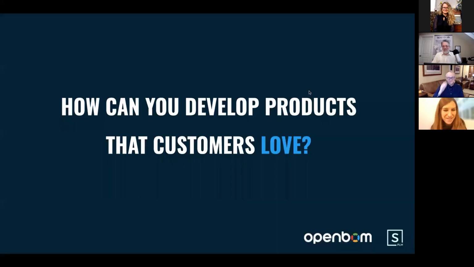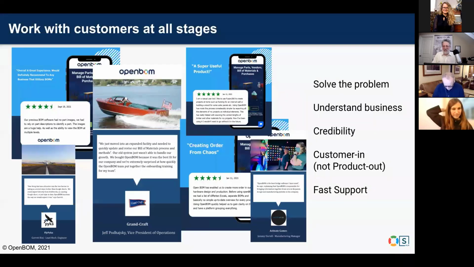Sure. How can you develop products that customers love? Wow, I think that's a key question, and I will need Steve's help to answer it. We said in the beginning, customers in and not product out.